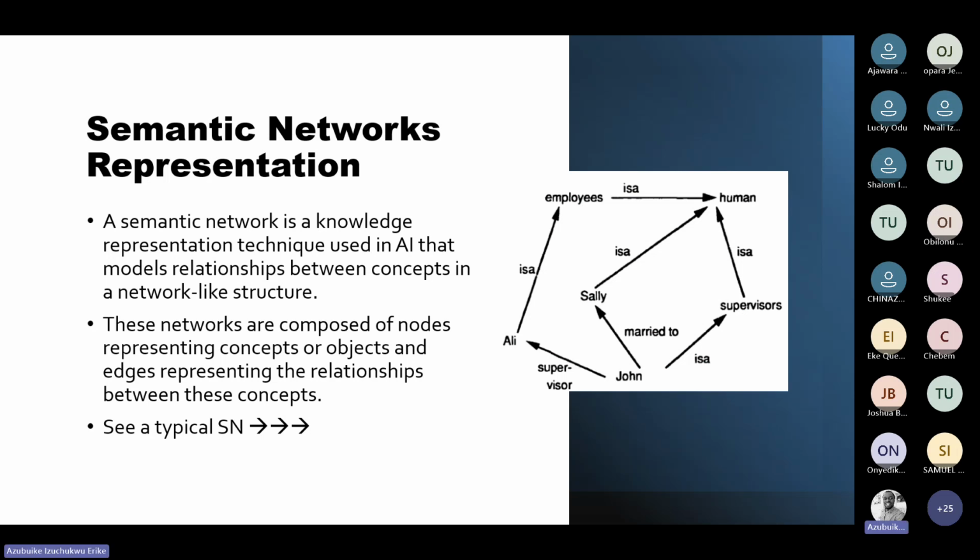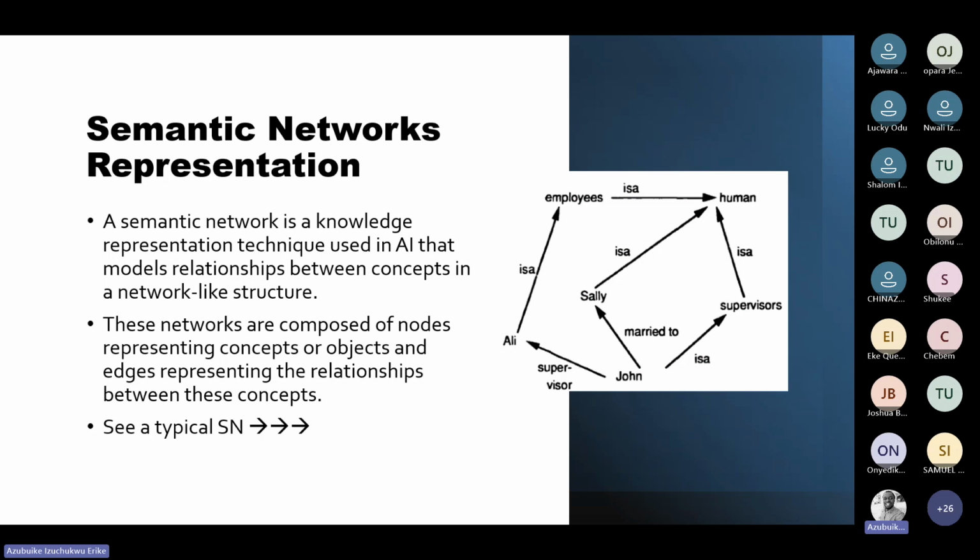John is a human being, but the relationship between John and Ali is that John is a supervisor to Ali. So Ali will be John's supervisee. We can say that John is married to Sally, and Sally is a human, and John is a supervisor. Since John is a supervisor, John is a human being. So we see how we can relate concepts with other concepts using semantic networks.